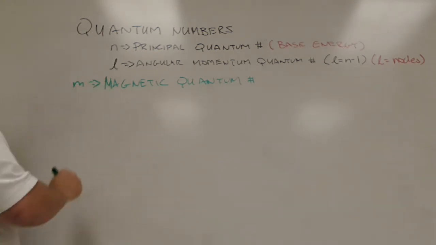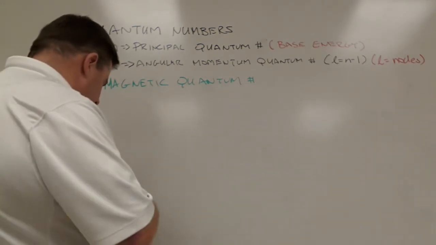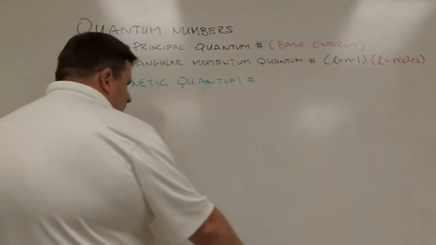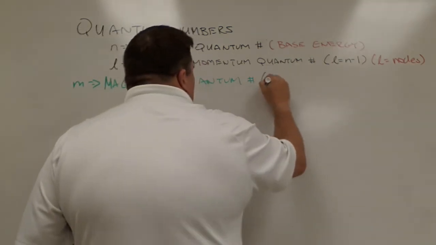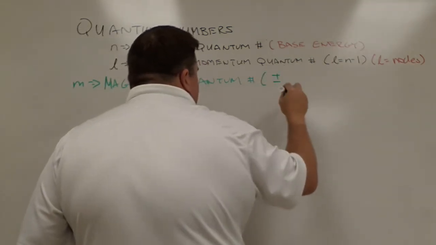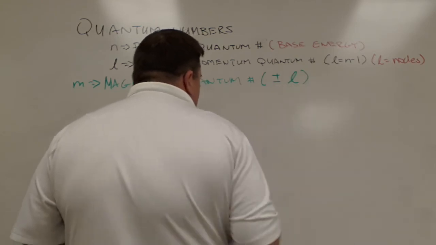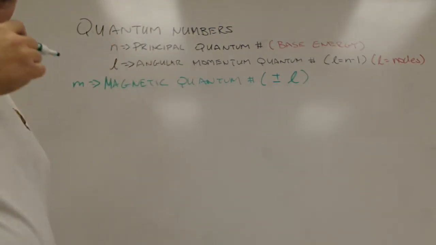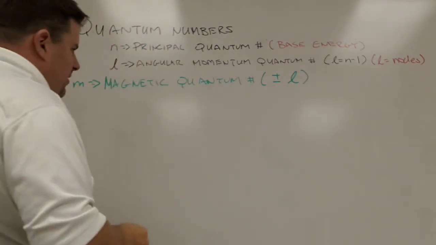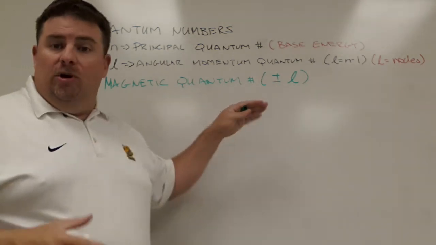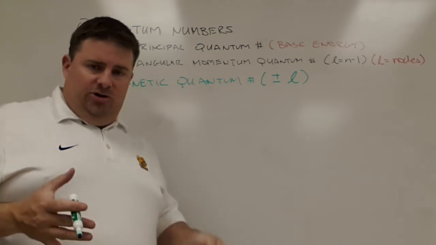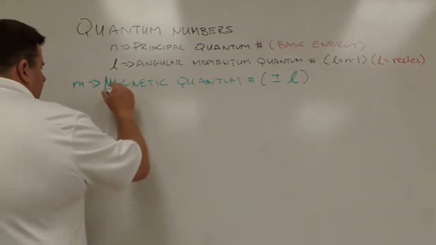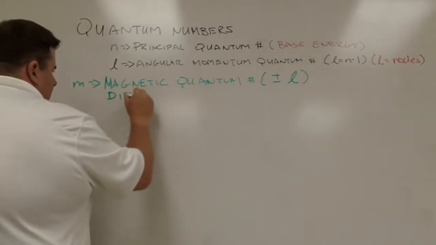So m is the magnetic quantum number, and it is going to be plus or minus L. What the magnetic quantum number tells us is the direction of where these orbitals are pointing. The direction.